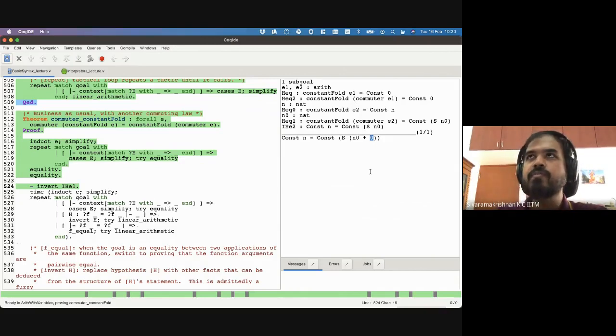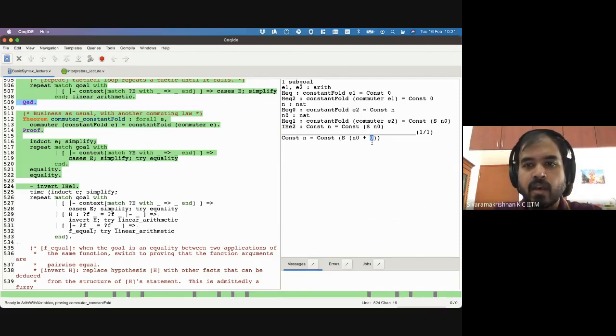We will use invert for a lot of things in the upcoming lectures as well. The way to look at invert for now is, if something is obviously true that you can see in terms of constructors and you want to prove something about the parameters, if you want to bring out those facts, you use invert.